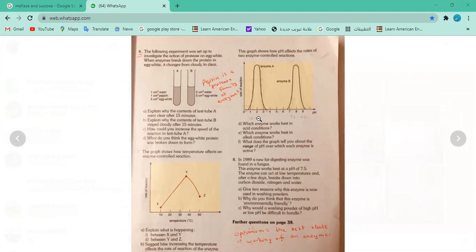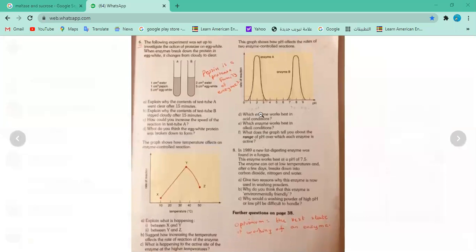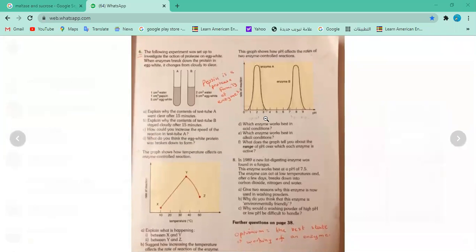Range means a span, between 0 and 4, for example. So which range is very good for this enzyme to work? 2 is not a range, this is one value. I'm saying range, from 0 till 4. So you have to say which range is very good for the enzyme. 1 till 3 is the best range for this enzyme.